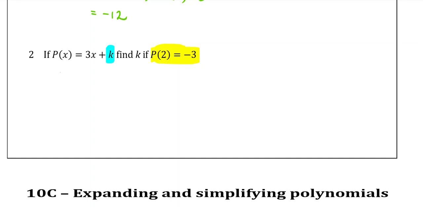So under the p of x, that's -3 equals 3 times 2 plus the k. And now I just want to solve to find out what k is equal to. So 3 times 2 is 6. And then if I subtract 6, I will get that k is equal to -9.